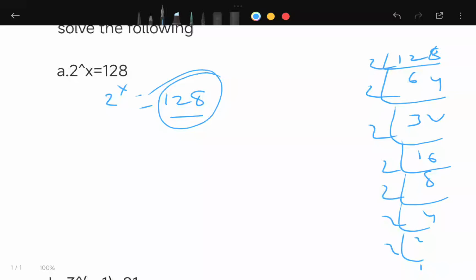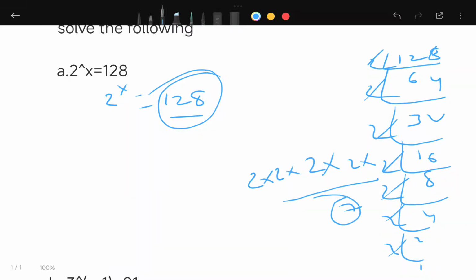So 128 can be written as 2 into 2 into 2 into 2, 7 times.